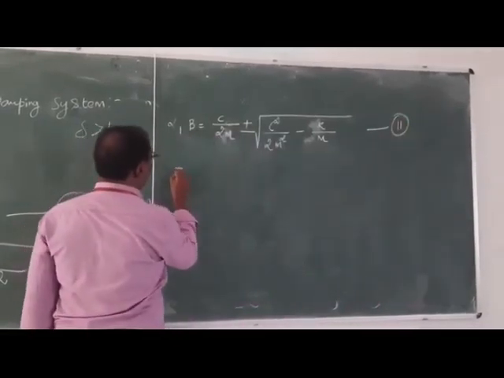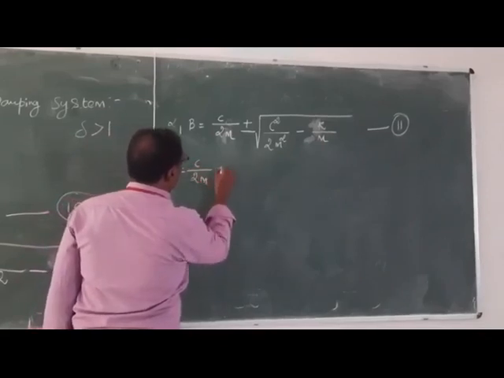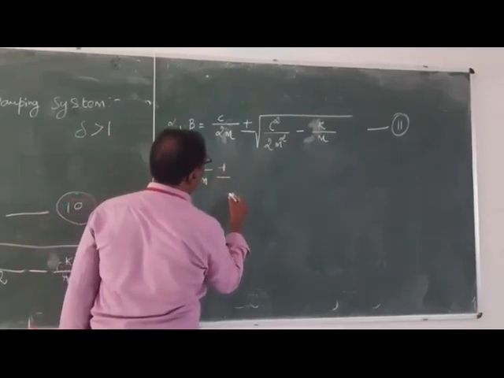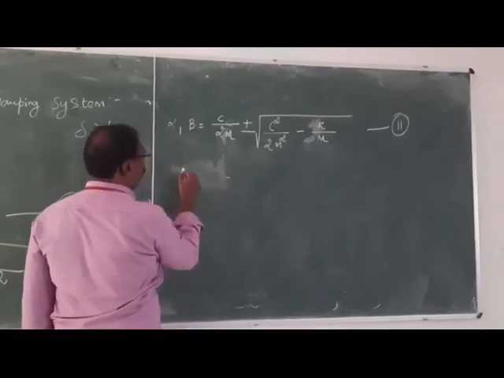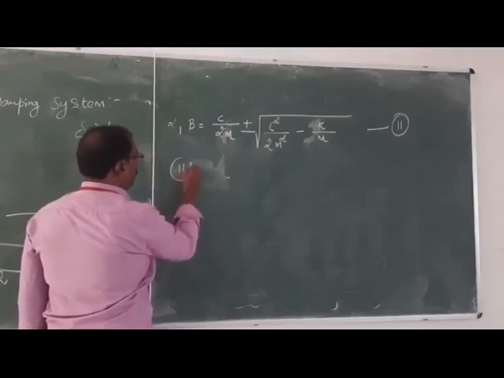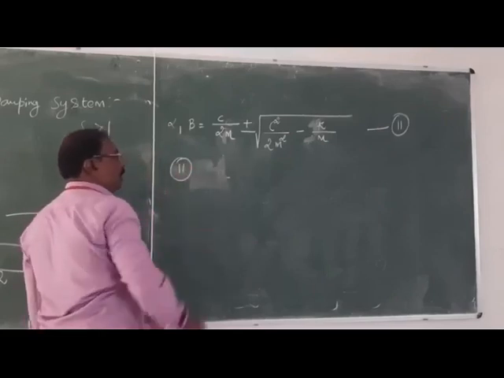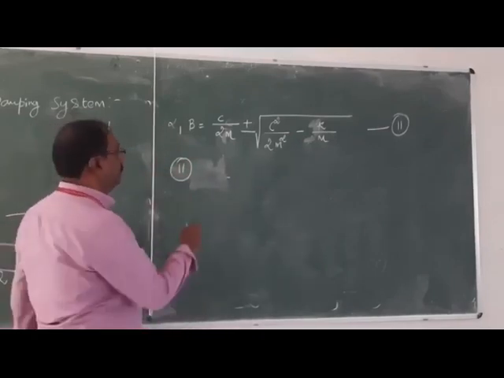Now c divided by 2m plus or minus. Now what I am doing in the 11th equation: multiply and divide by omega n.